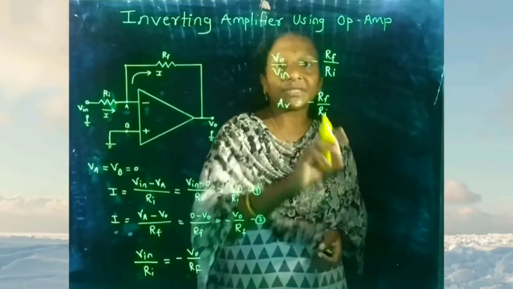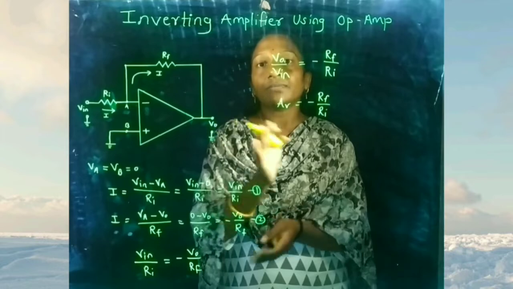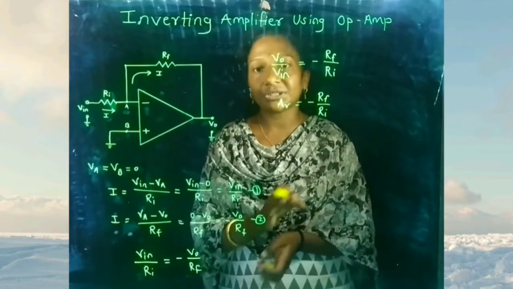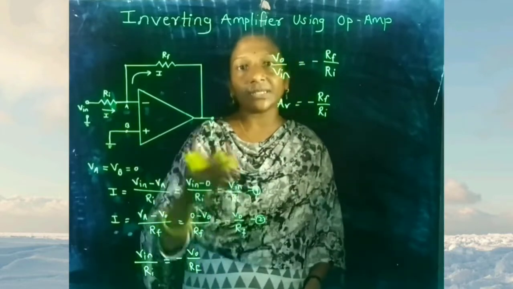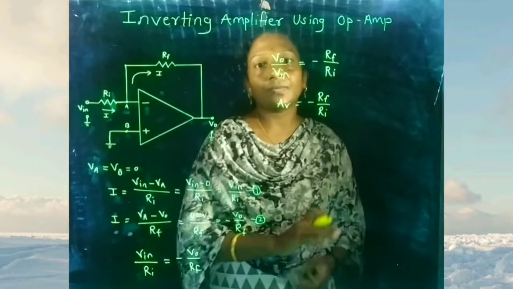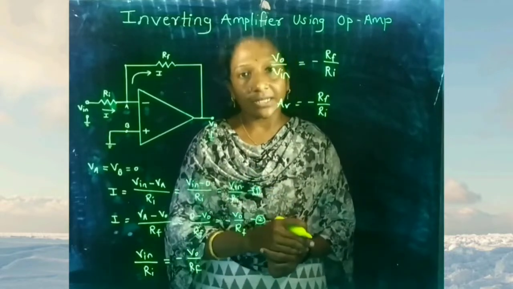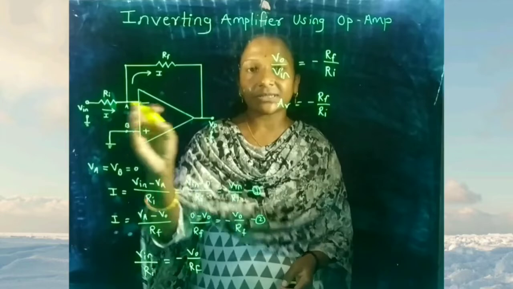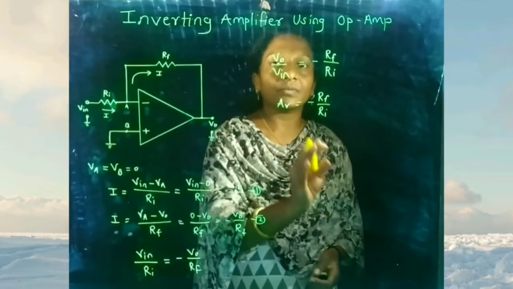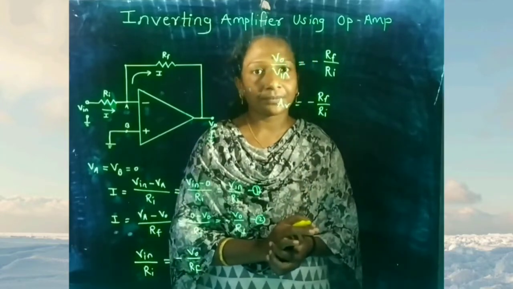And the negative sign indicates that the polarity is inverted or changed. If the input signal is an AC signal, then the output is 180 degrees out of phase, and if it is a DC voltage, then the output polarity is changed.